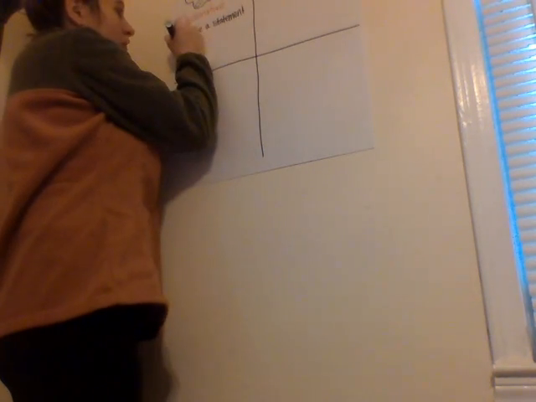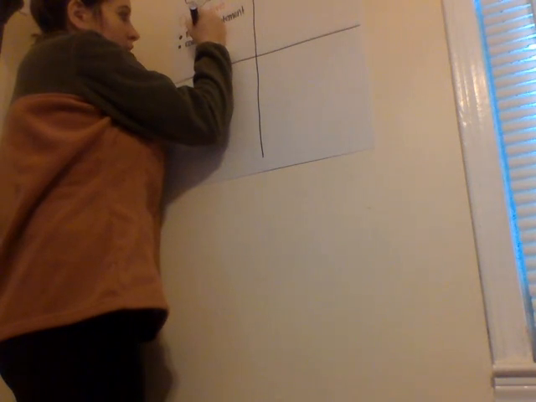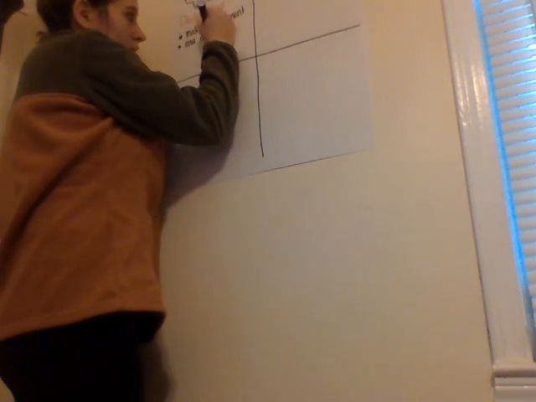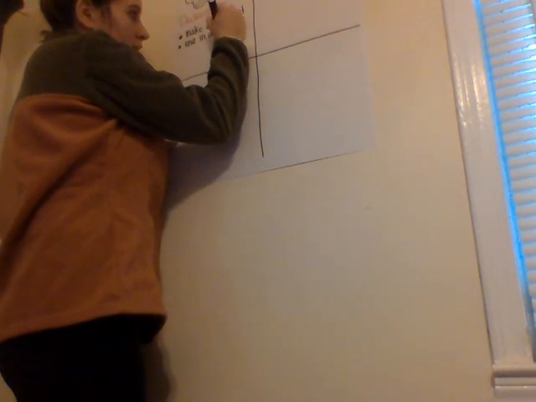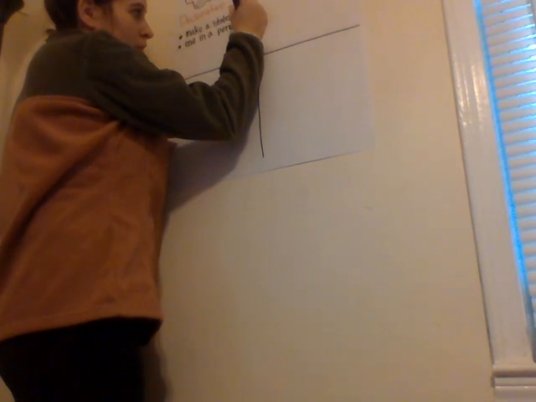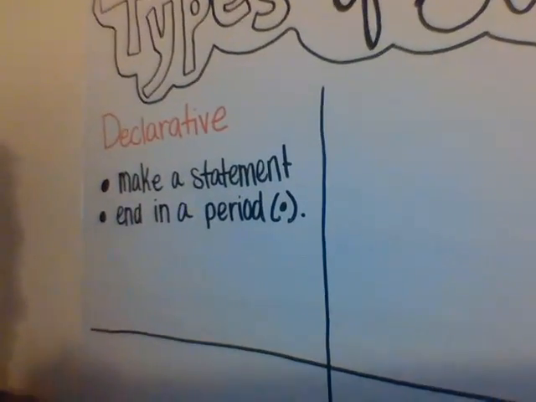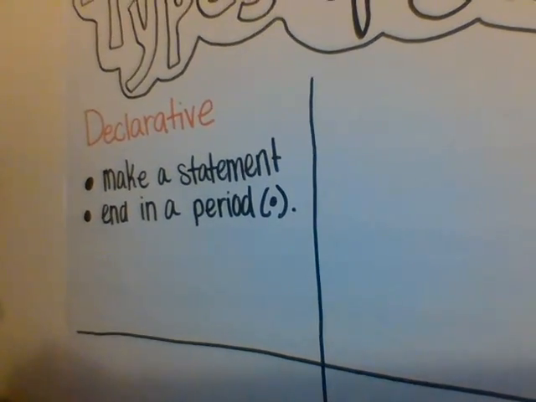All right, and they also end in a period. Okay. Put that up there so you can get those notes down. So declarative sentences make a statement and end in a period.